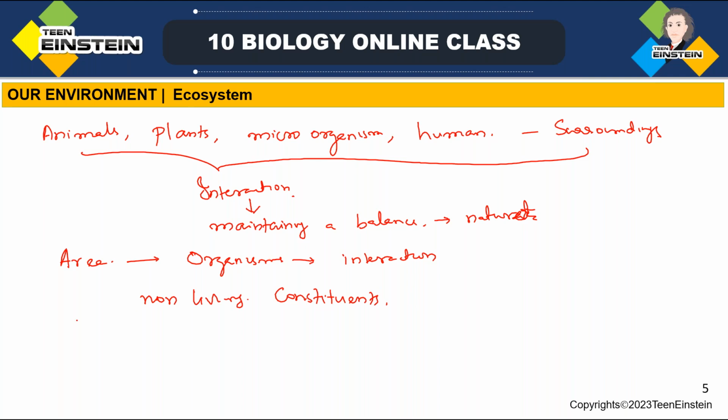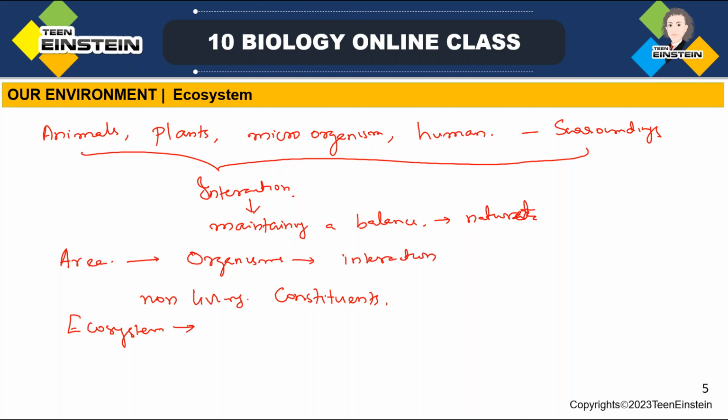So what is ecosystem? How can we define ecosystem? Ecosystem means all the interacting organisms in an area together with the non-living constituents of the environment.